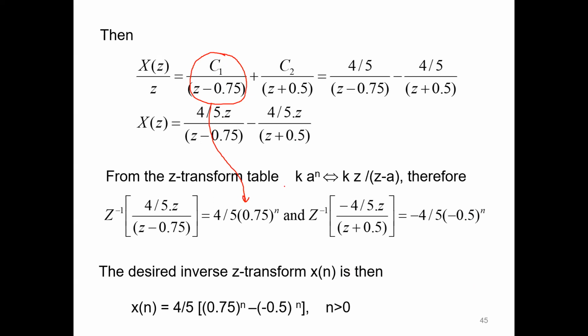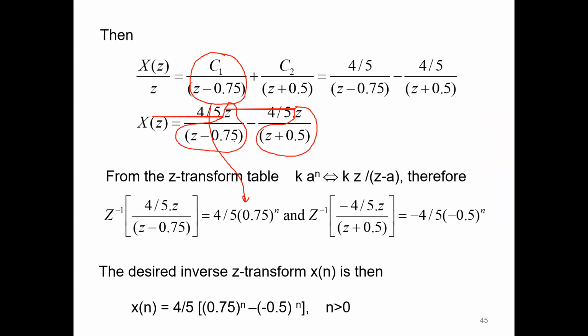You need the z-transform table entry, which says if you see something like this, say z over z minus something, this is the format you need to remember. Z over z minus something.